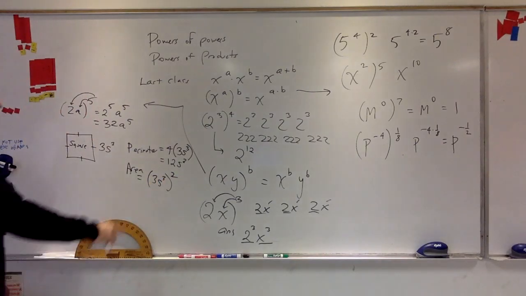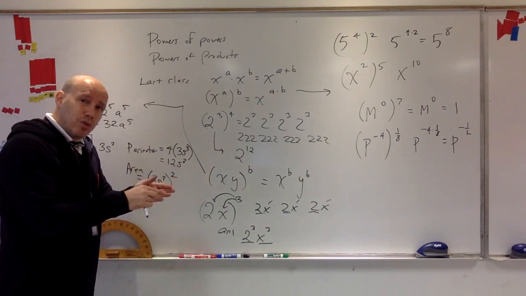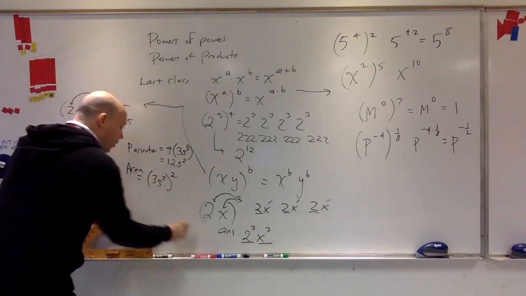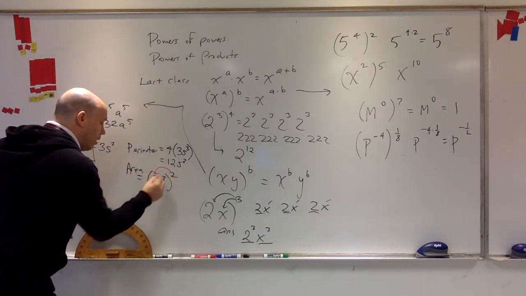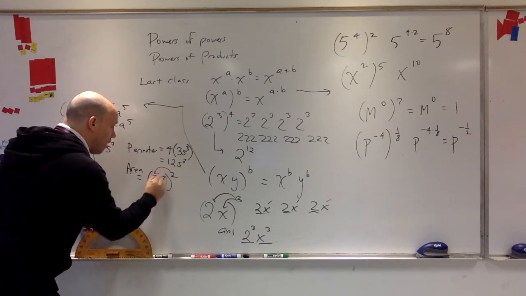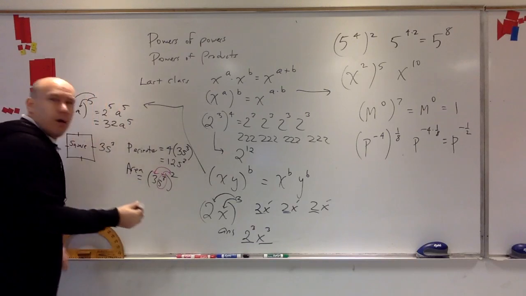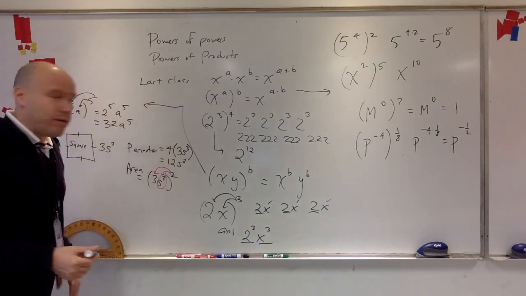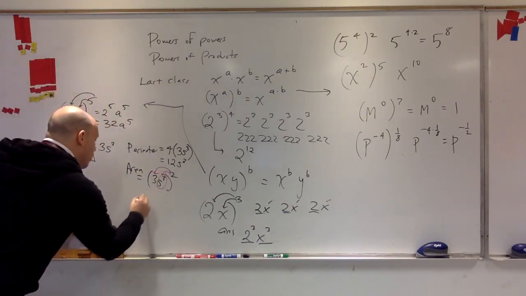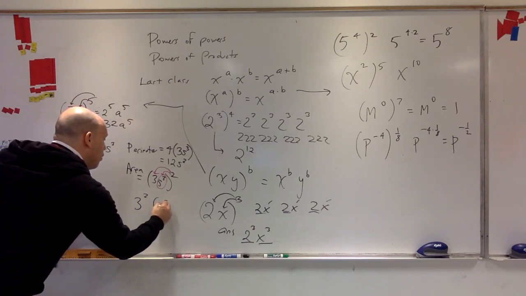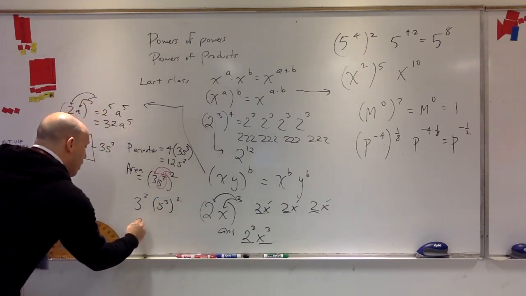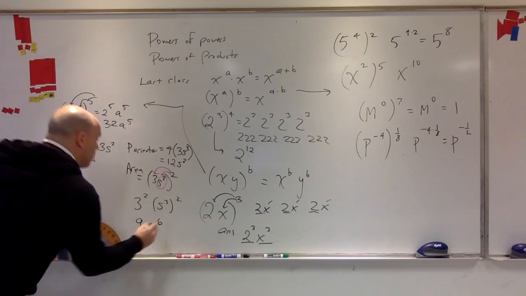Now we combine 2 rules together. I know that the 3 gets squared, but I also know that the s cubed gets squared. We have 3 squared times s cubed squared, which is 9s to the 6th.